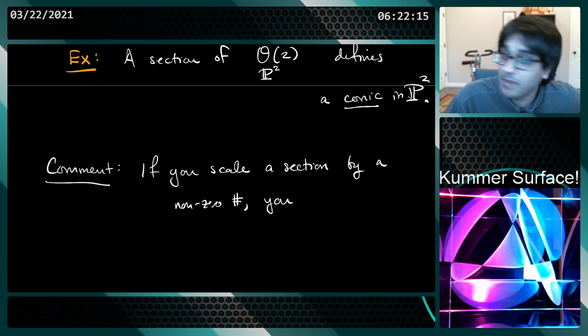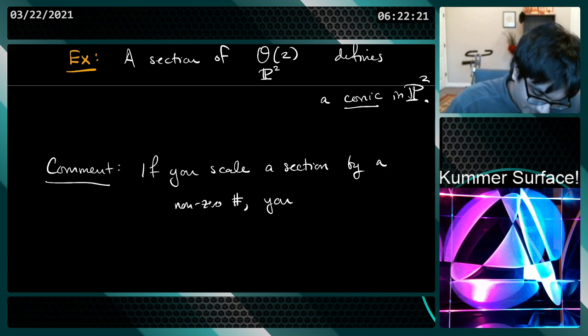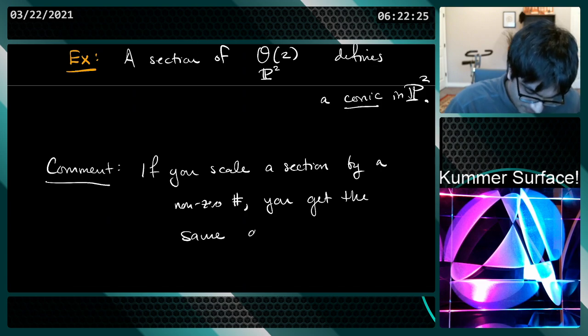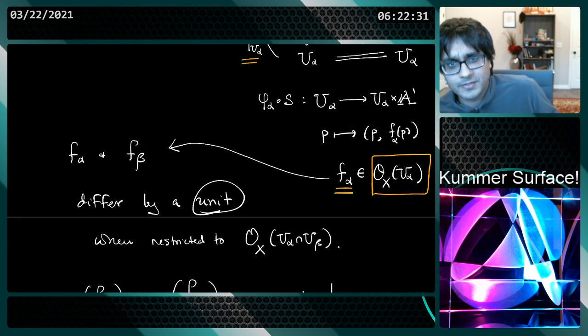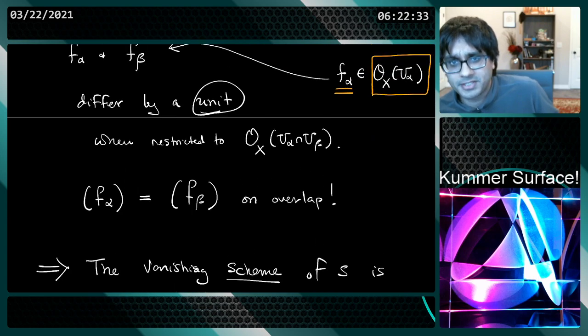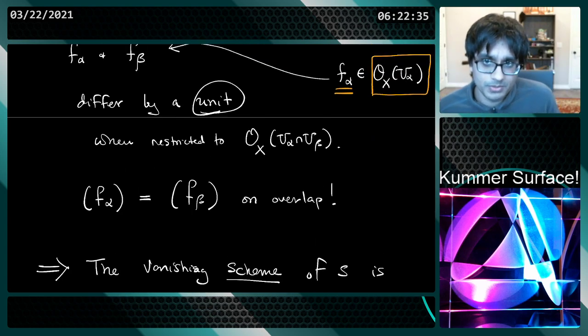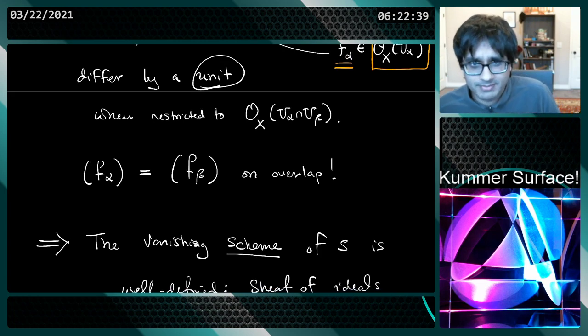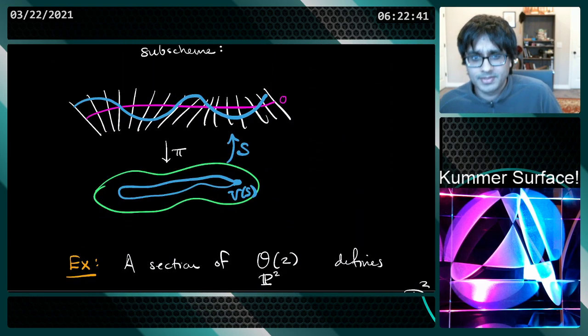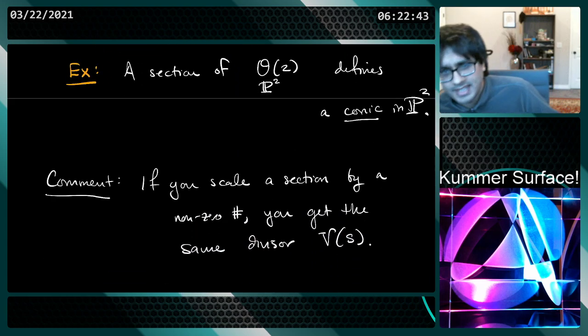You get the same, I'm just going to start calling it, associated divisor. That's because you're just multiplying each of these F alphas by that complex number, and that just carries through. You're not changing the ideals. Okay?